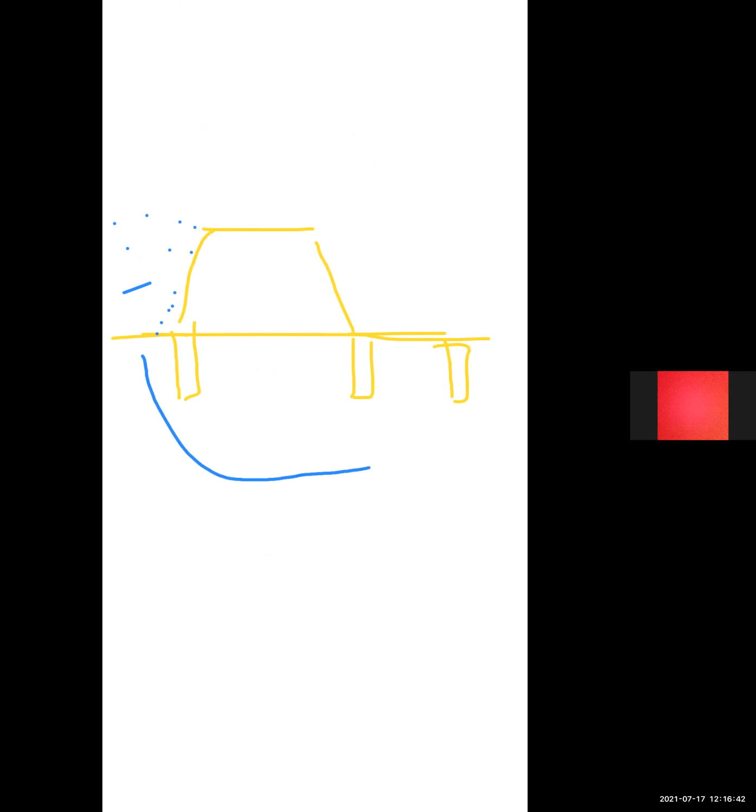We can also see this in the diagram. This is a hydraulic structure. Here is the head and here is no head, so flow is this way.